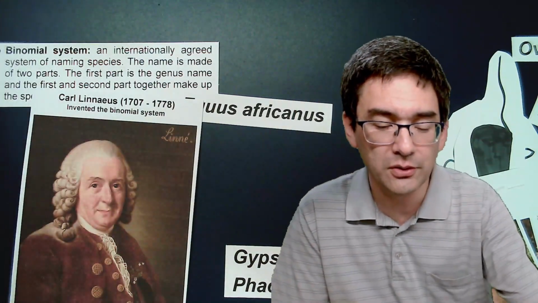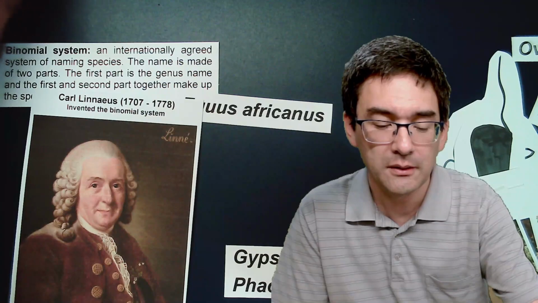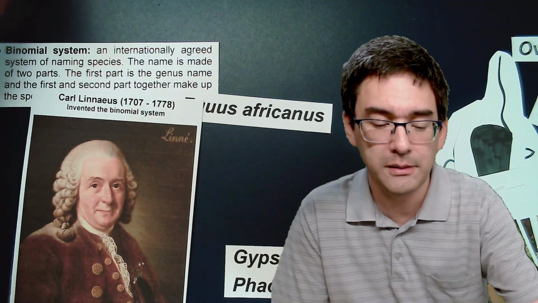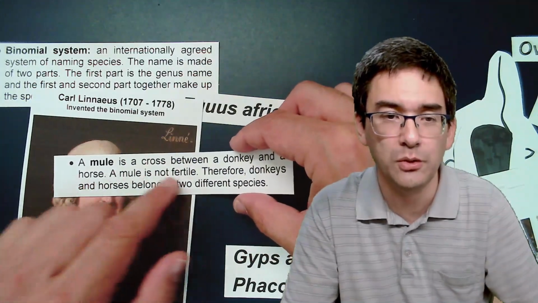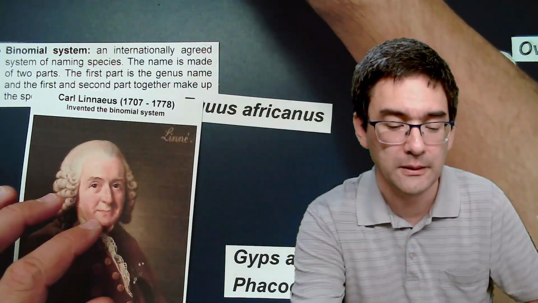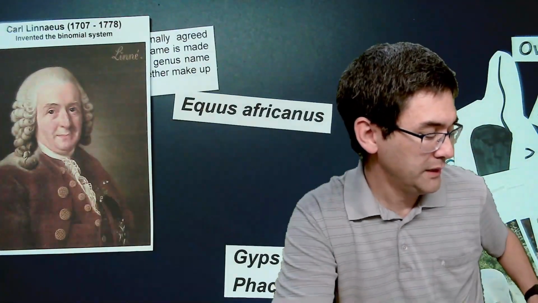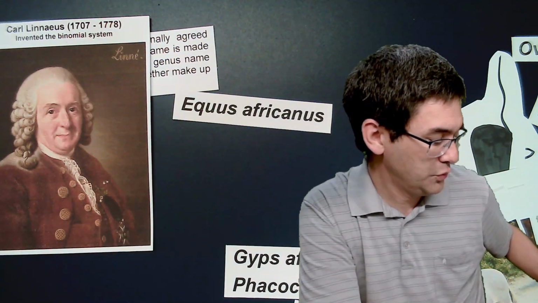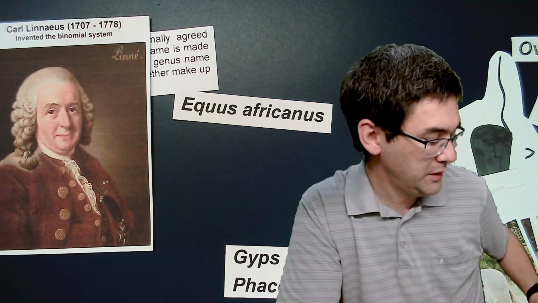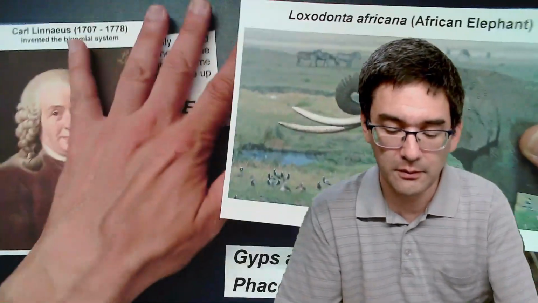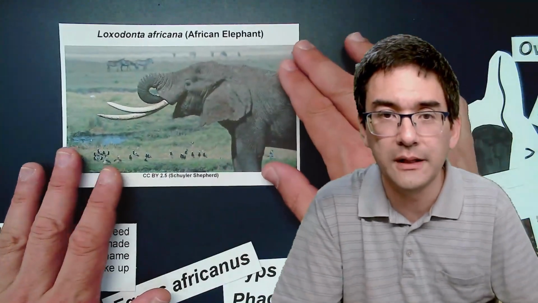There's a little piece of paper over here that I'm going to show you at the end. That's the mule thing, so I'm going to put it at the end again. What else do I have over here? An African elephant.